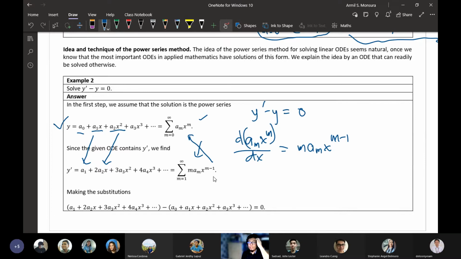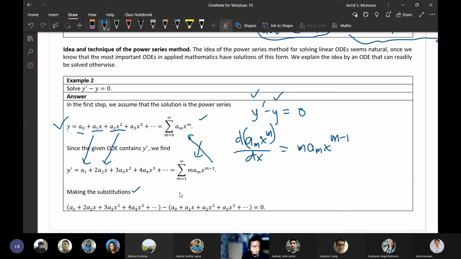Okay, so now that we are able to get y and its first derivative, because we only need the first derivative and y, you are now ready to make the substitutions.